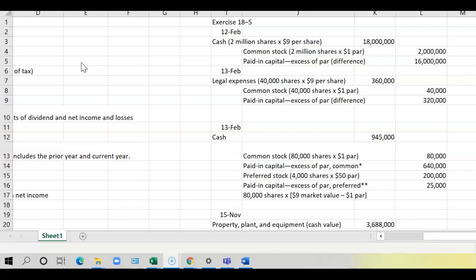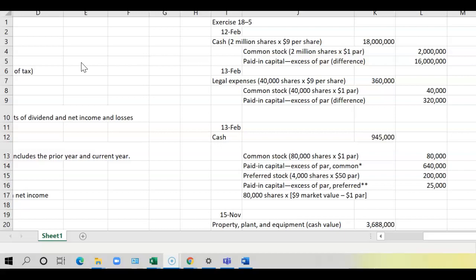On February 10th or February 12th, sold 2 million common shares for $9 a share. So the 2 million shares at $9 a share would debit cash for $18 million. We know that the par value is $1.